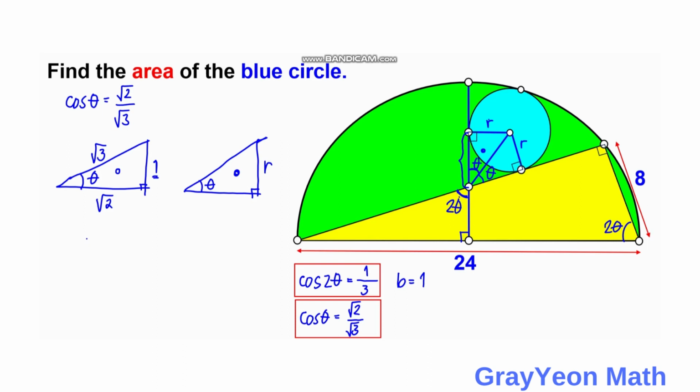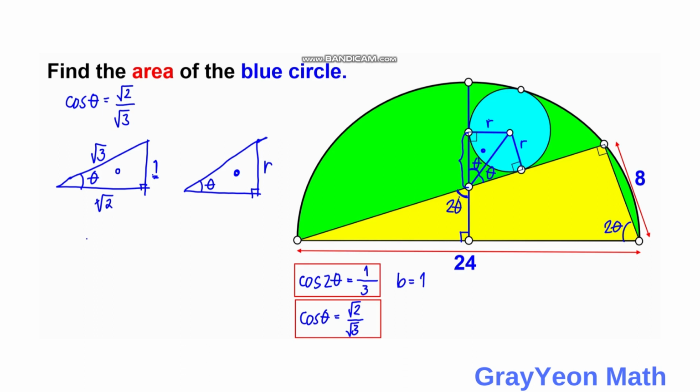So if that is 1, then to get the adjacent side, we just need to multiply this by square root of 2. So this means that 1 times square root of 2 will get the adjacent side. And for the triangle on the figure, we have r to be the opposite of theta.